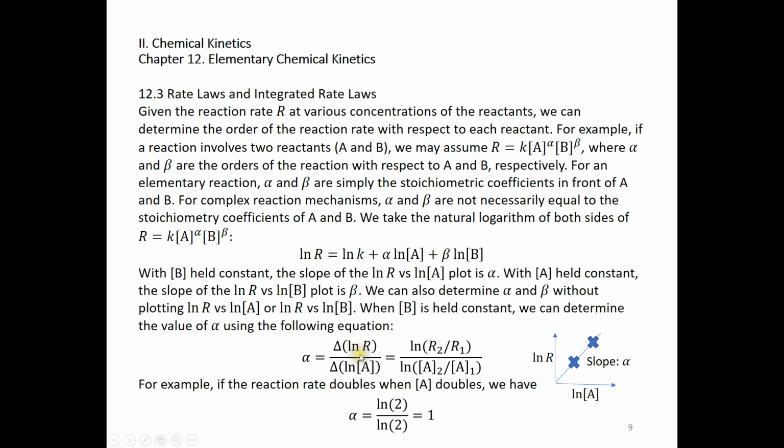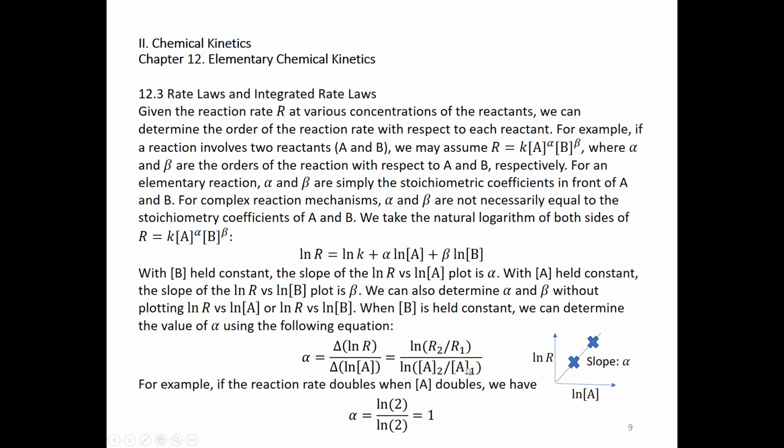What's the change of ln(R), what's the change of ln(A)? The change of ln(R) is ln(R2 over R1). The change of ln(A) is ln(A2 over A1). So we have this.